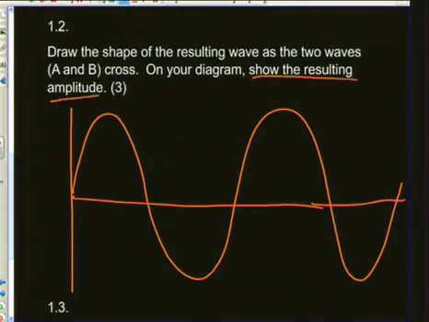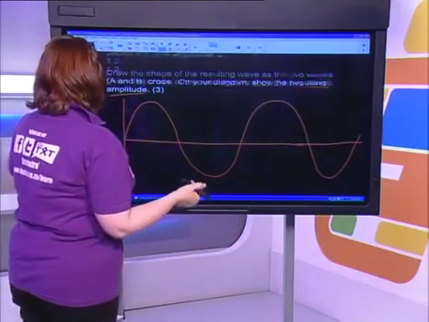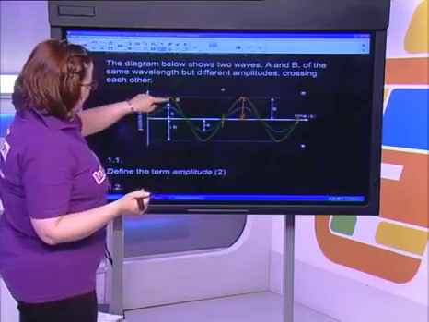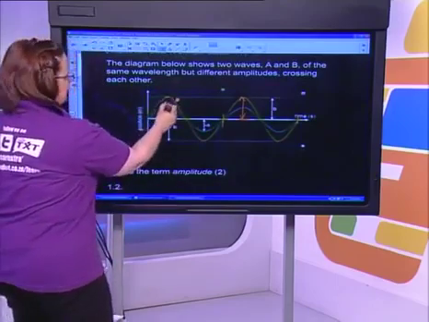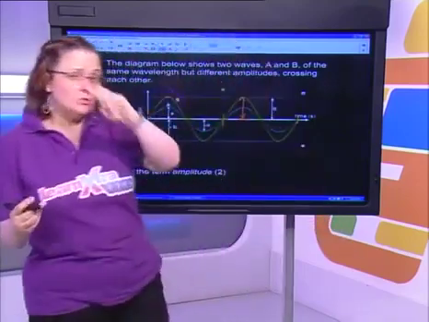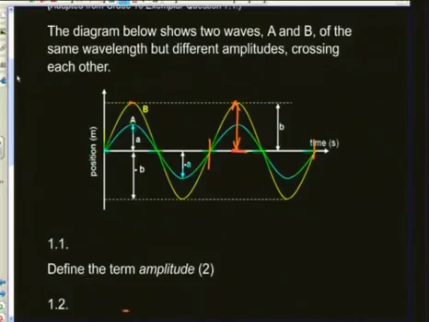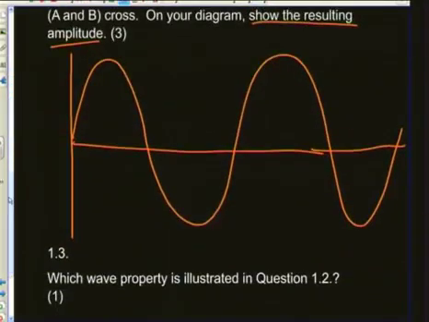But now it says show the resulting amplitude. There are no values on your diagram. So nowhere did they say that this here is 5 centimeters and that's 2 centimeters, so you know it's going to be 7. But we do know that the amplitude of A is going to be added to the amplitude of B. So watch what we do. Over there, that's my new amplitude, and that's little a plus little b.